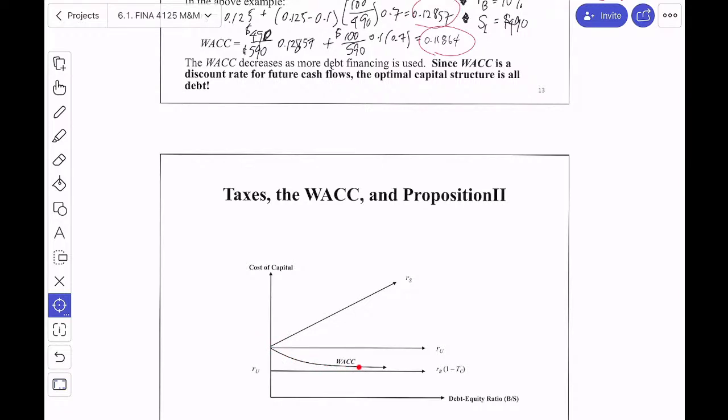You're going to have much more weight for bondholders. And so that's why the WACC, at higher and higher levels of debt, the bondholder will be the representative average investor. So that's why WACC approaches the cost of debt, the return to debt holders times after tax, let's say.